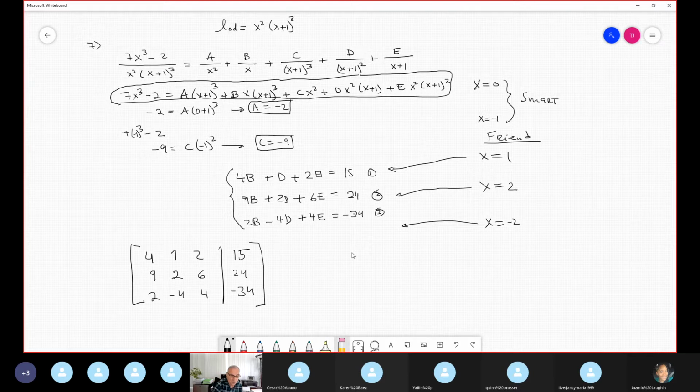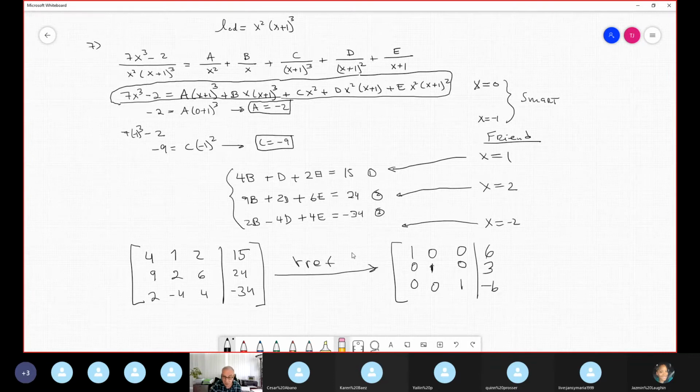You go to the calculator and apply the reduced row echelon form. You get the identity matrix with the column 6, 3, -6. The conclusion is B is equal to 6, D is 3, and E is equal to -6.